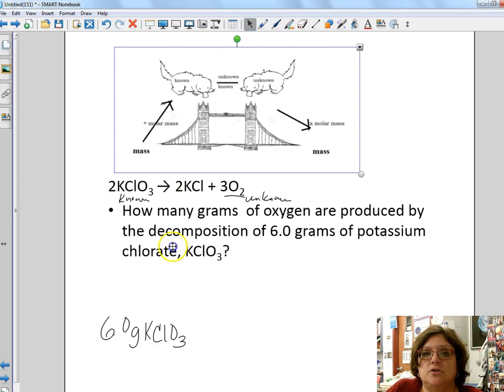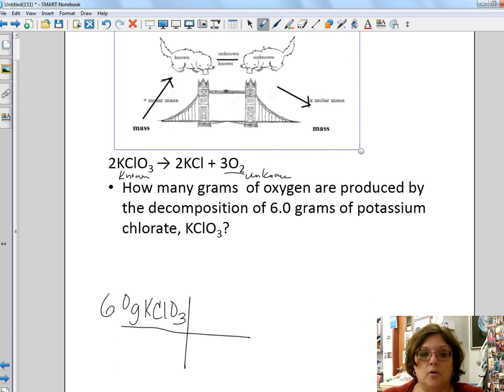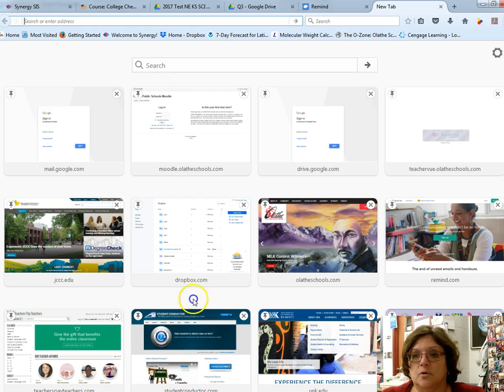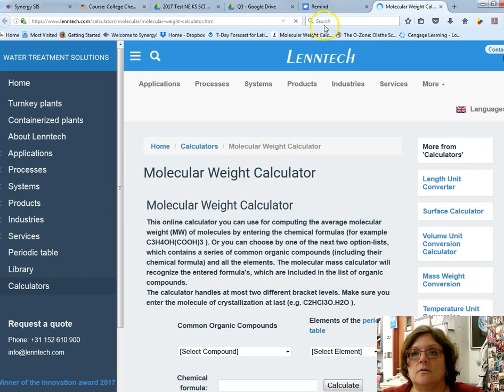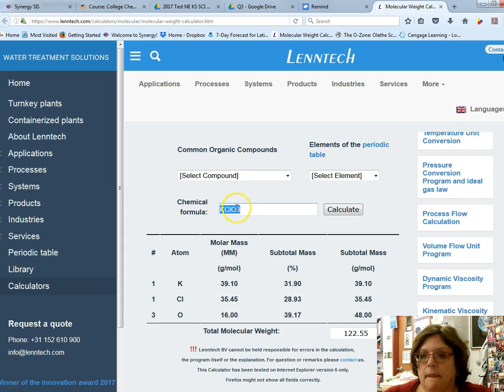Alright, first we have to change mass, grams, to moles. To do that, we need to know the molar mass of potassium chlorate. We'll look it up real fast here. KClO3, 122.55.